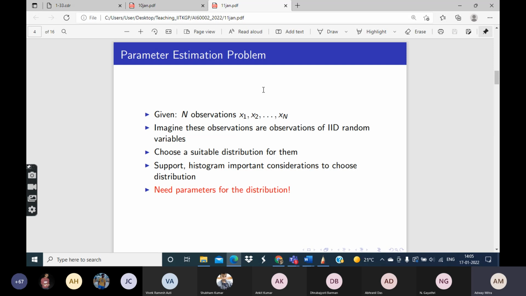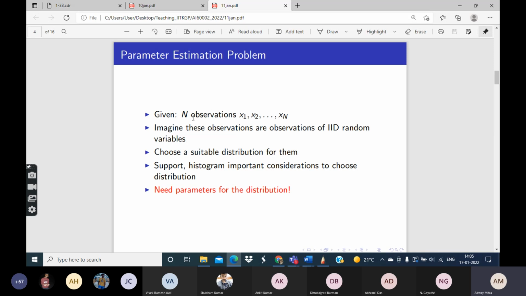Why do we think so? Because it helps us create a probabilistic model, which in turn helps us make predictions and various other kinds of analysis, which we had discussed in last Monday's class when we talked about various template problems in earth sciences.